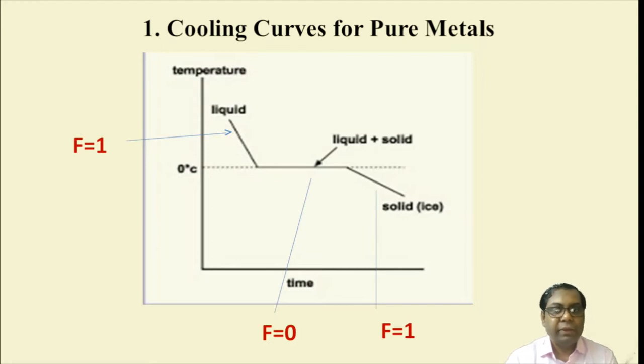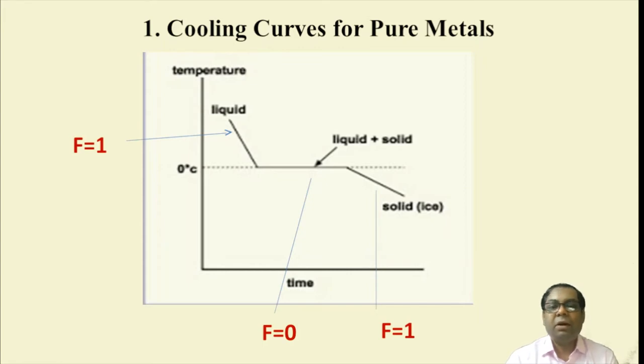Okay, so when we are considering the liquid and solid state together, there is no change in temperature. After the entire mass is completely solidified, then with the reduction of temperature, the temperature of the entire mass will be reduced.